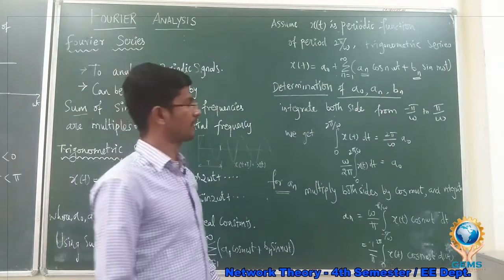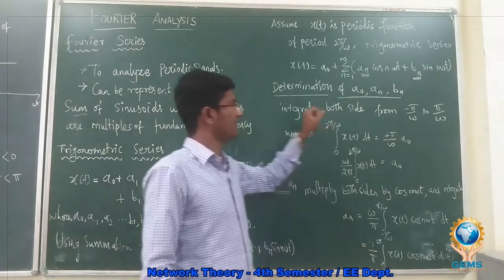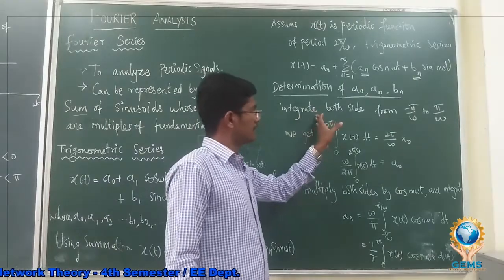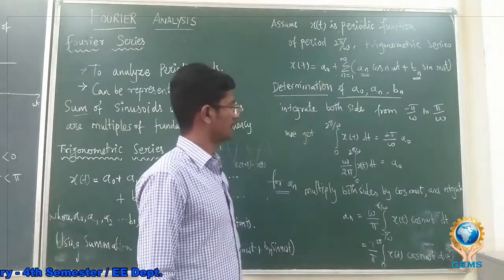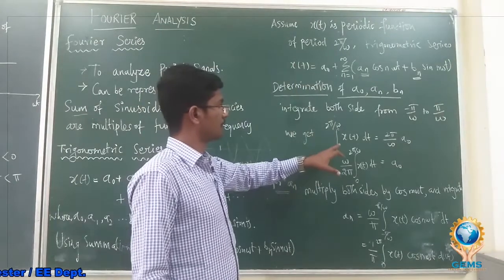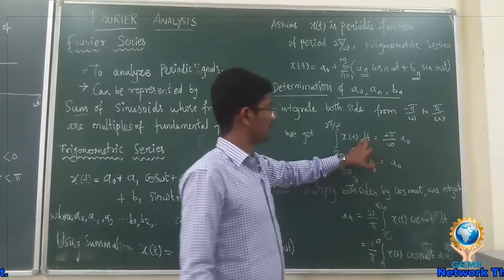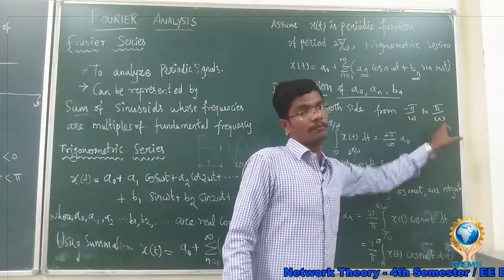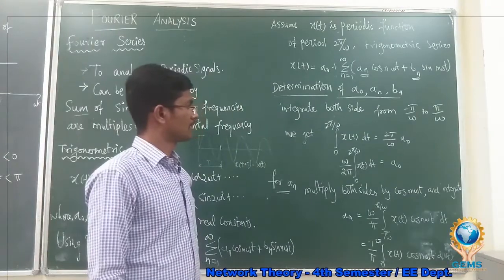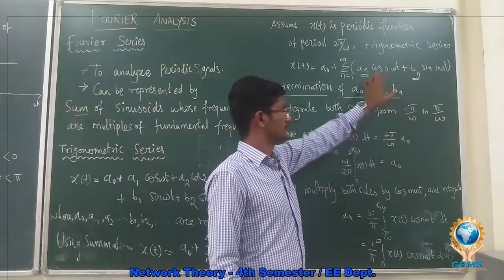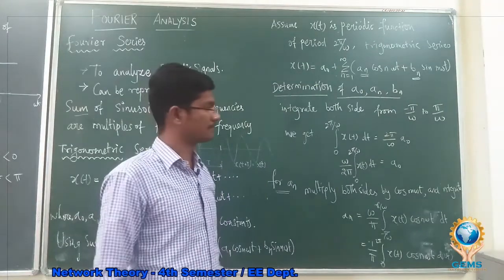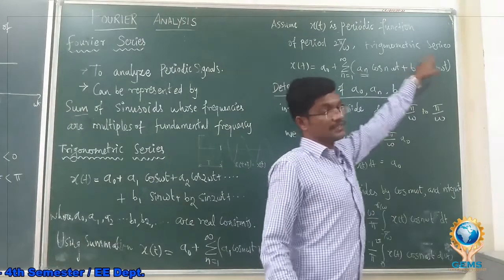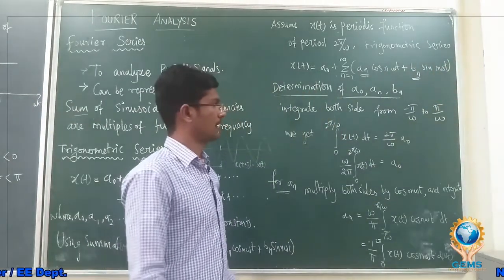First we are going to find out a0. For finding a0, what do we have to do? We have to integrate the series with respect to t, with the limits of minus pi by omega to pi by omega. If we integrate this trigonometric Fourier series, what will we get? The cos series and the sin series both will become 0 after we apply the limit.